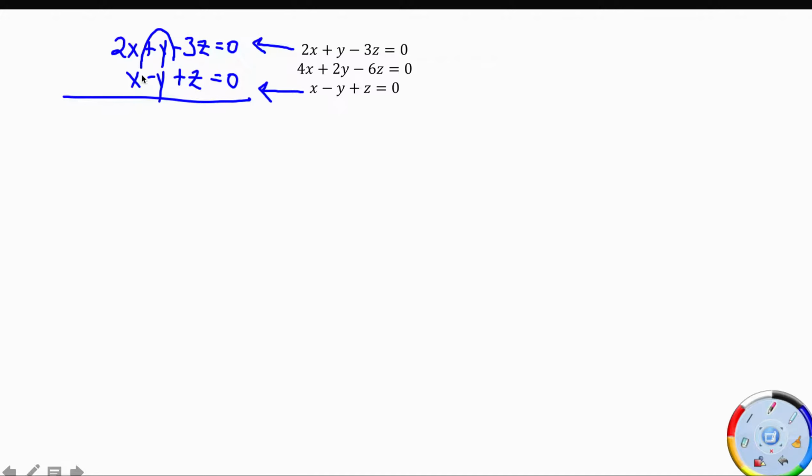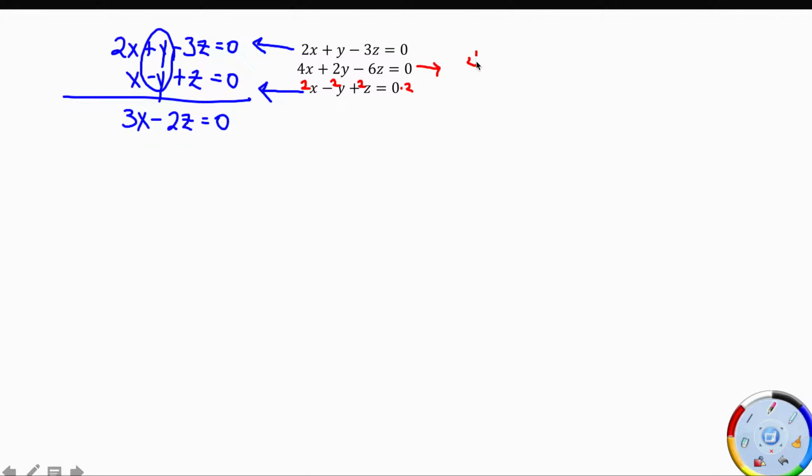My y's get eliminated, and I wind up with 3x minus 2z equals 0. Now I have to use this equation, but I can use either one of the others I want. So I'm going to use this one where they already have opposite signs, and I don't have to mess with signs. Just going to multiply everything times 2.